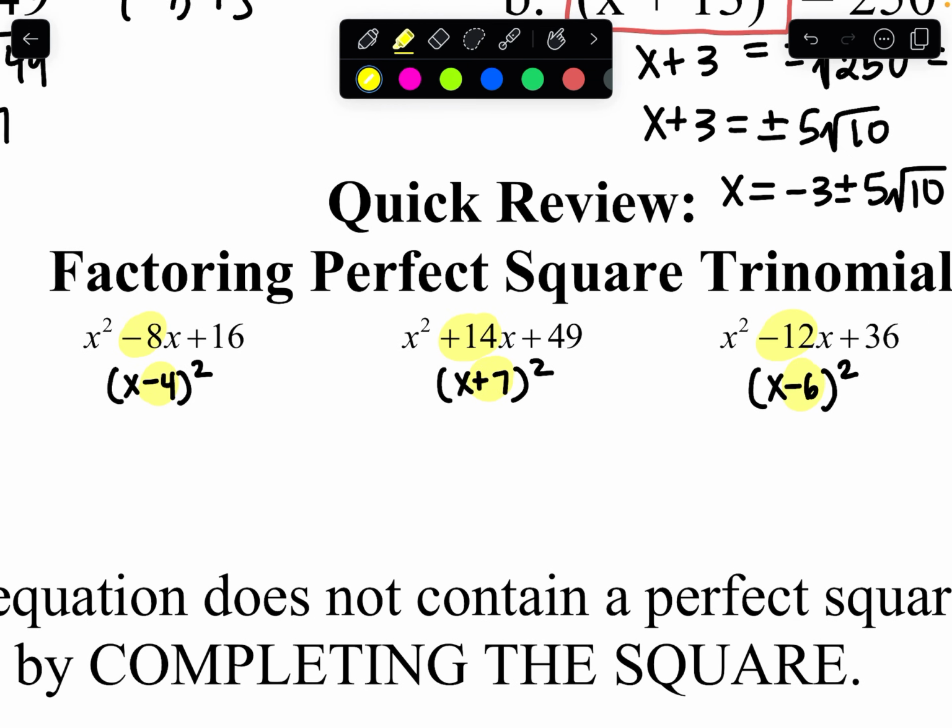And then the c value is that number squared. So this 16 is half your b value squared.